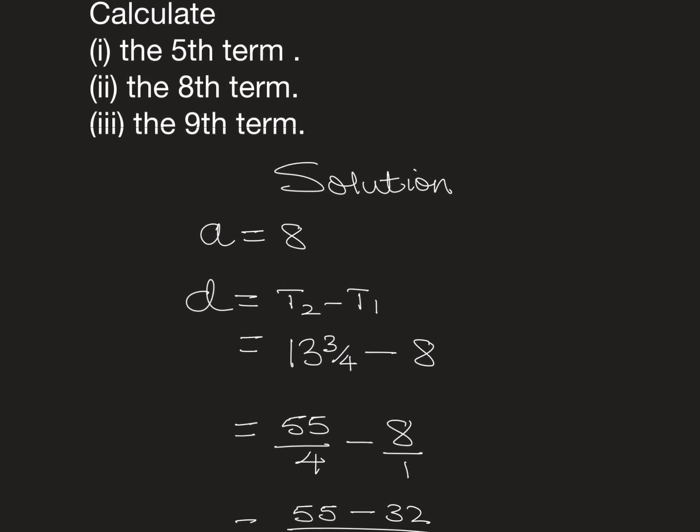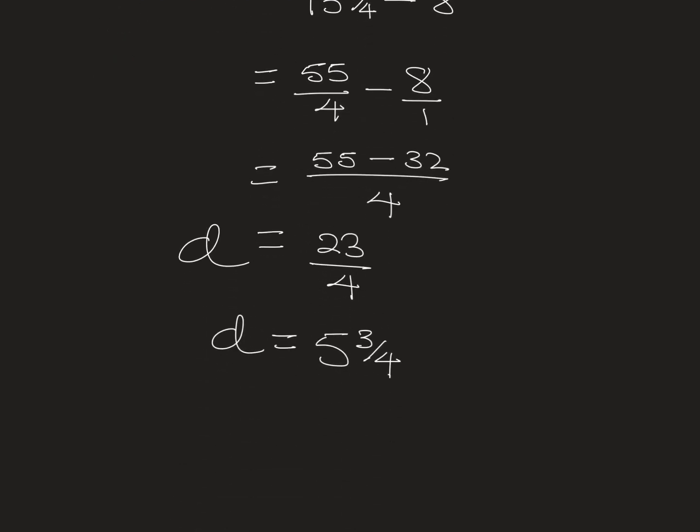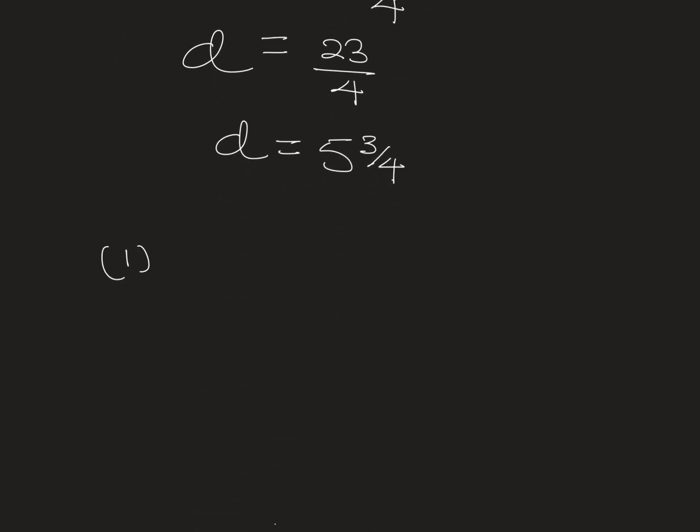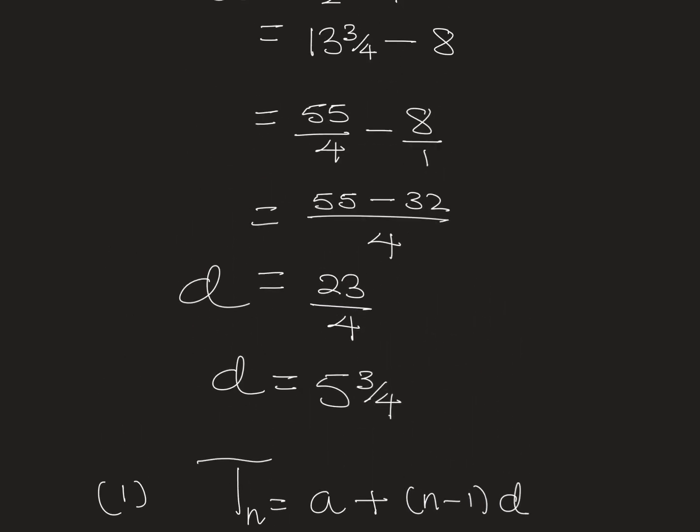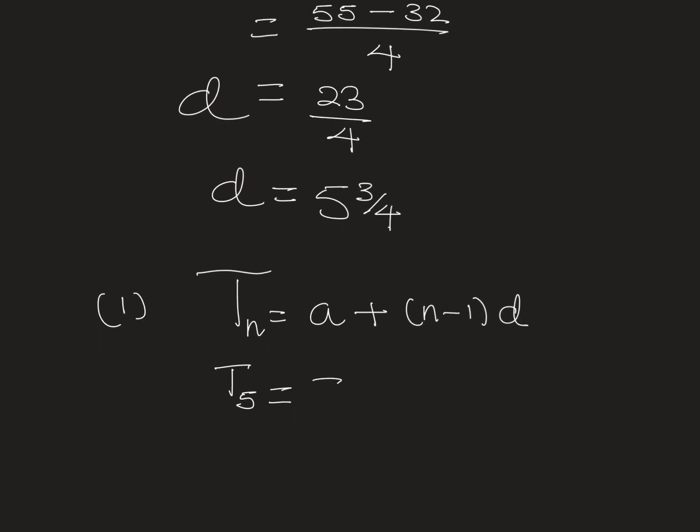Let's try to answer the first question, which is the fifth term. So, using t sub n equal to a plus n minus 1 times the difference, the fifth term will be t sub 5 is equal to a. The first term of this sequence is 8, plus n is going to be 5, minus 1, times the difference, which is 23 over 4.